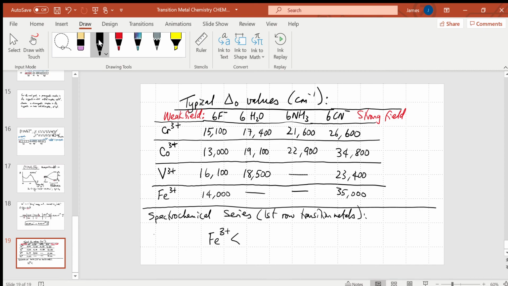Well, actually, I've got cobalt 3 is less than iron 3 is less than chromium 3 is less than vanadium 3. Okay?